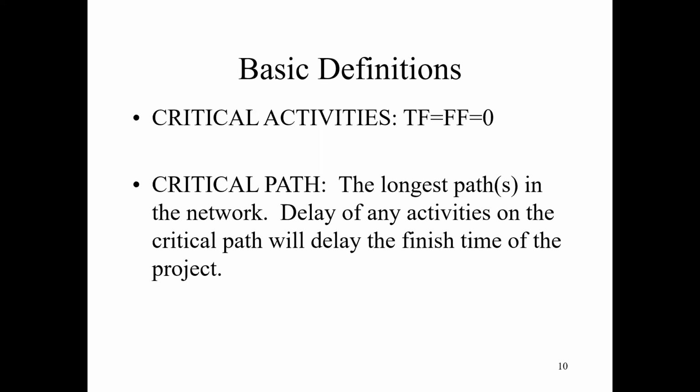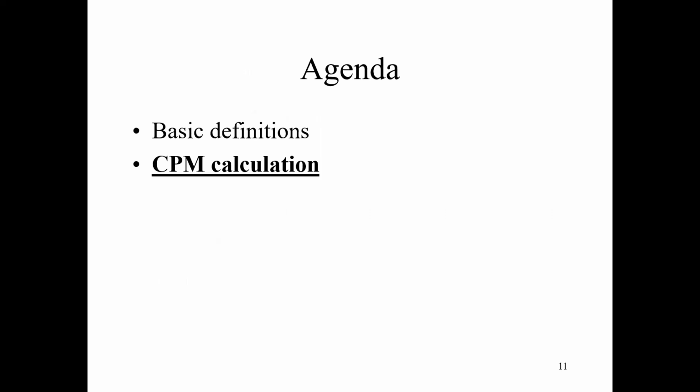If they are connected in a chain, a string from the starting to the ending, then that will be the critical path for this project. If any activity on that critical path is delayed, then your project time will be extended. Once we understand all those definitions, we can introduce the calculations for you.